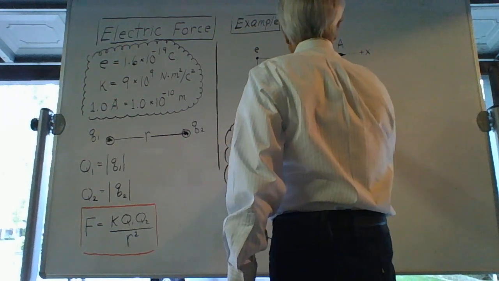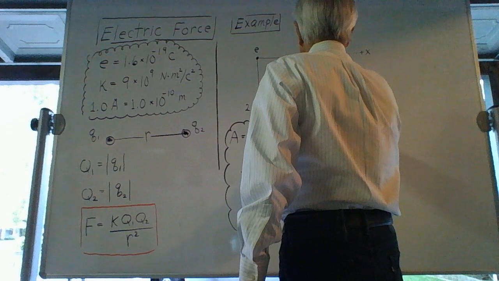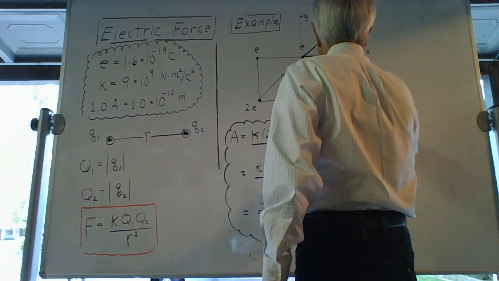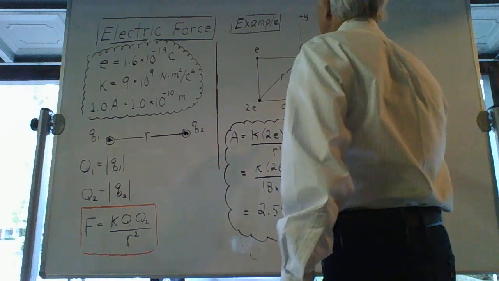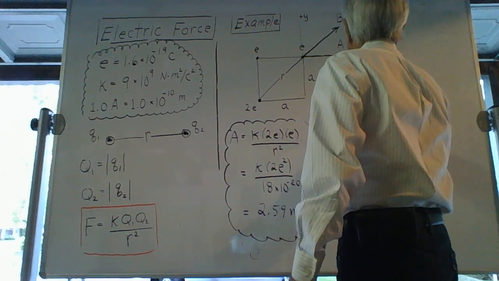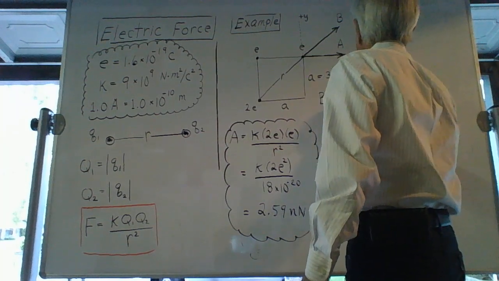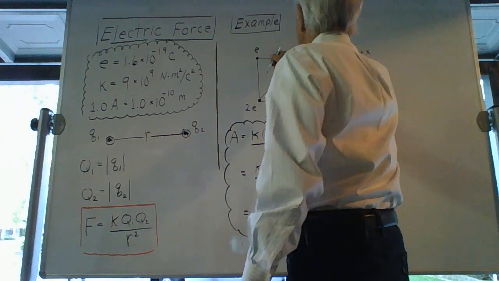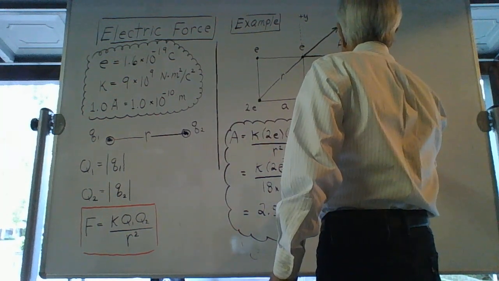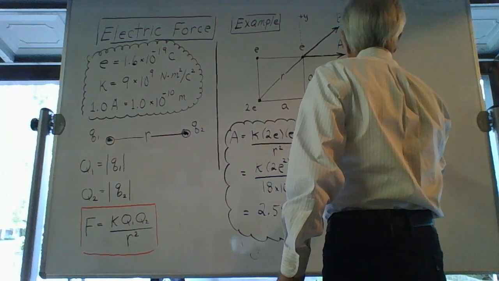Now let's find the length of the B vector. B equals k times e times e over that distance squared, which is 9 times 10 to the negative 20.